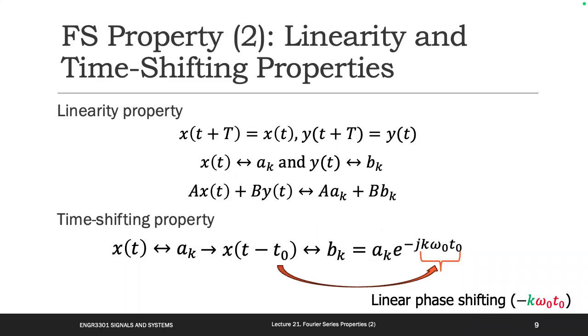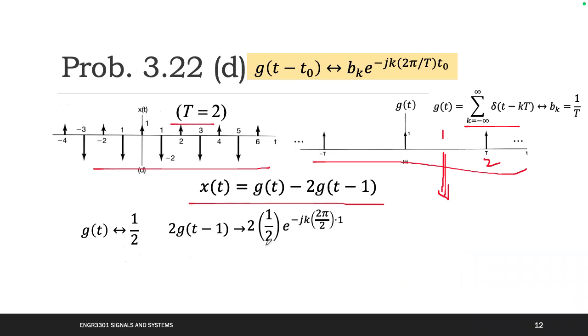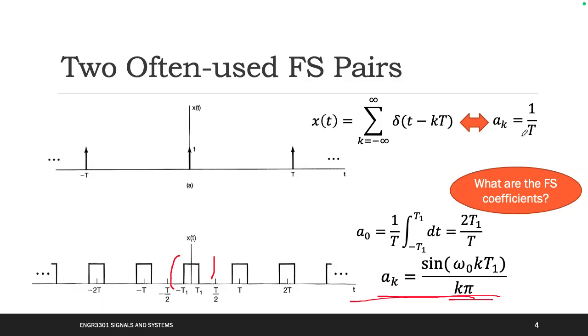So we already know g(t)'s FS coefficient, which means the FS coefficient is 1/2 when k equals 0, and this is 1. This is this one. Yeah, because you can see the FS, this one T equals 2, am I right?